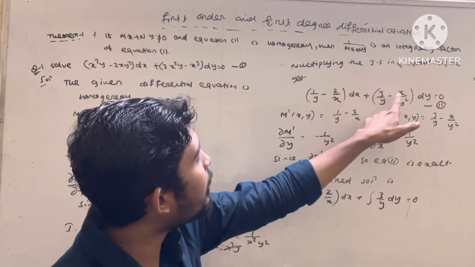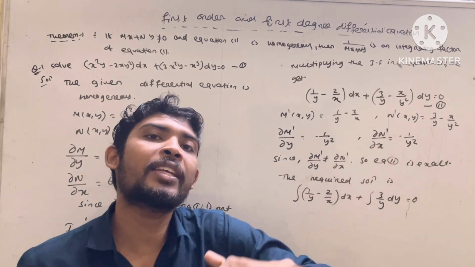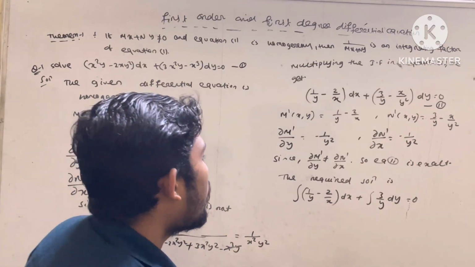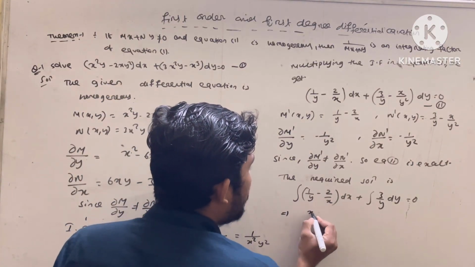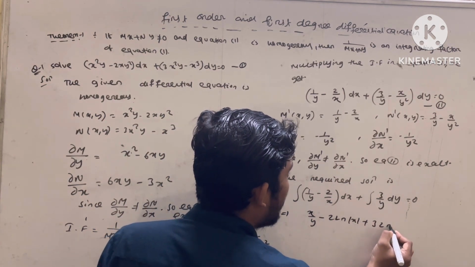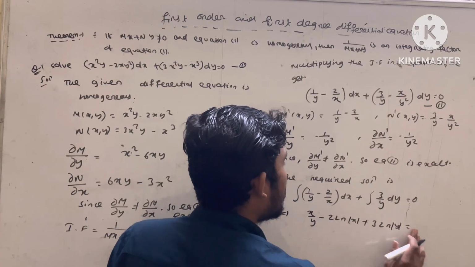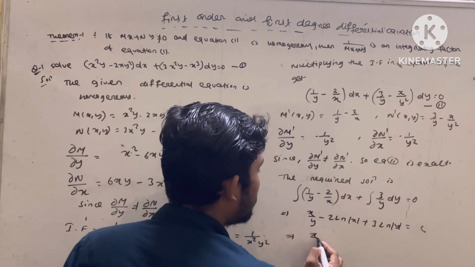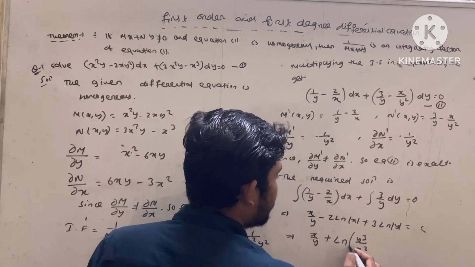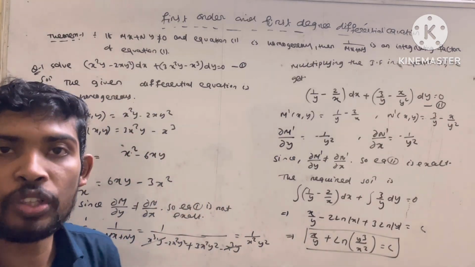If you do not understand how to find the solution, check the last class on exact differential equations, it should be clear to you. So now the solution is x by y minus 2 ln x plus 3 ln y is equal to ln c, taking a constant c, so that means x by y plus ln of y cube by x square is equal to c. So this is the required solution.